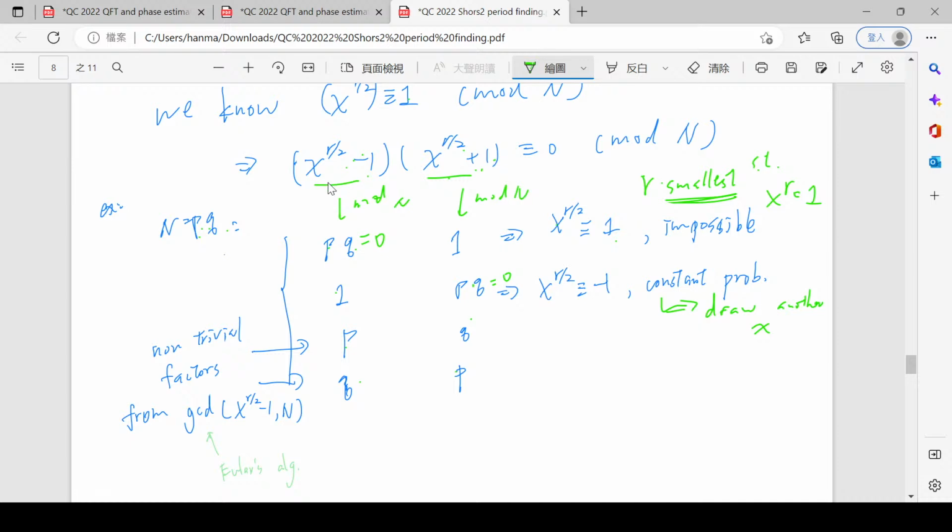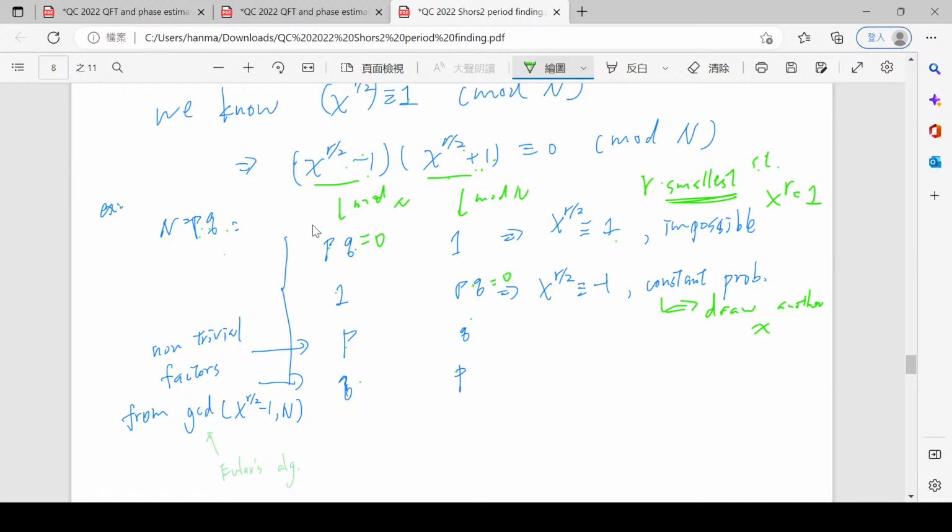So if we look at this thing, obviously we can calculate this mod, and this mod is equal to p.